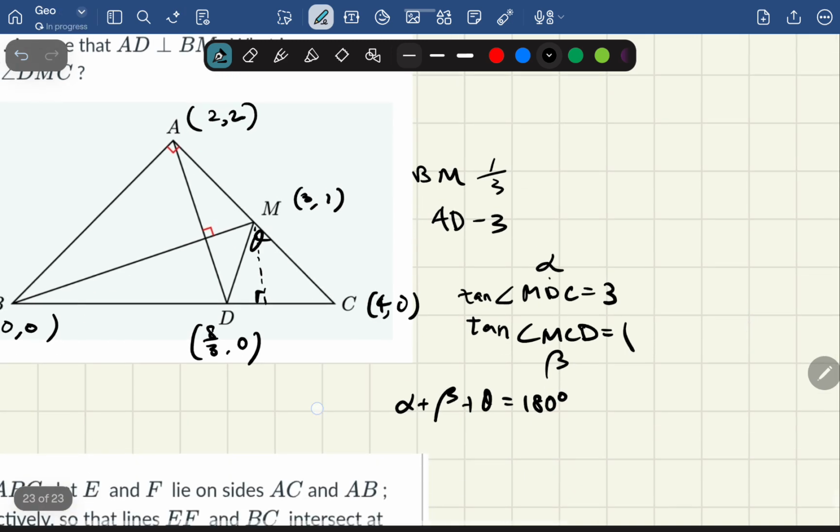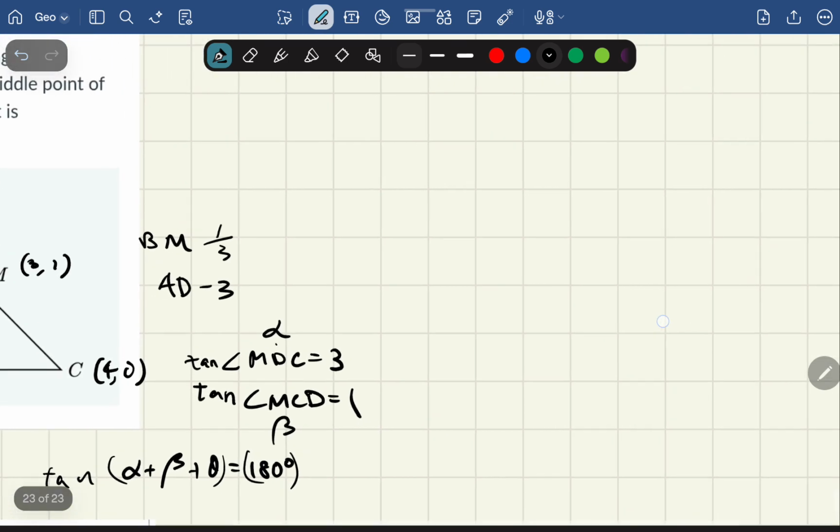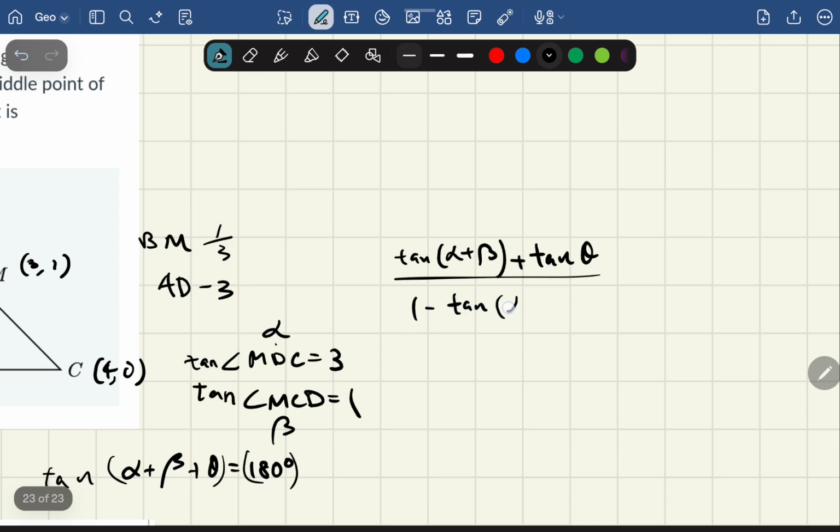If you take the tangent of both sides, you get tangent of alpha plus beta plus tangent of theta over 1 minus tangent of alpha plus beta times tangent theta is 0. So this part actually cancels out, and we can ignore it.